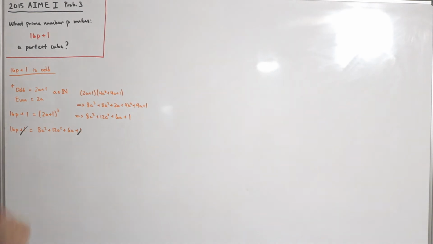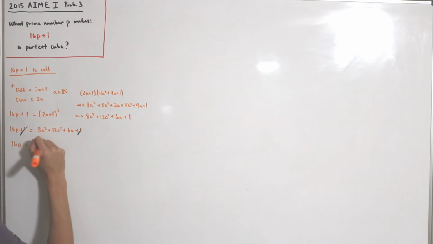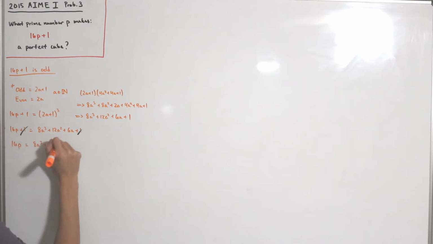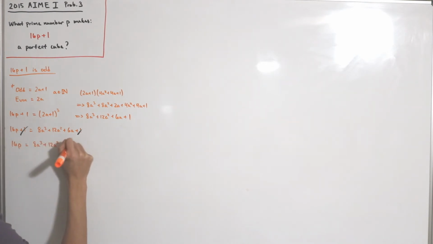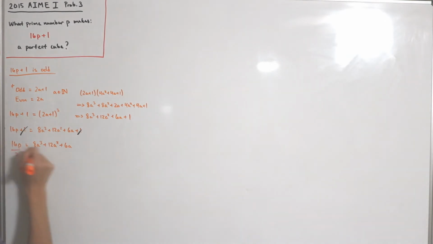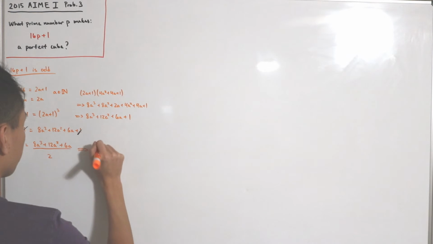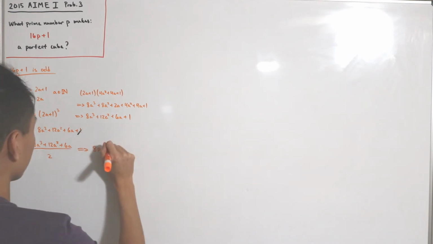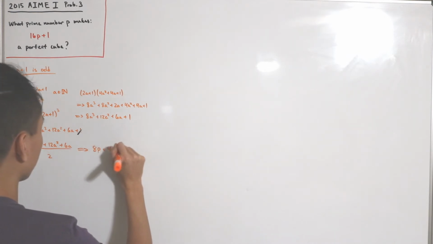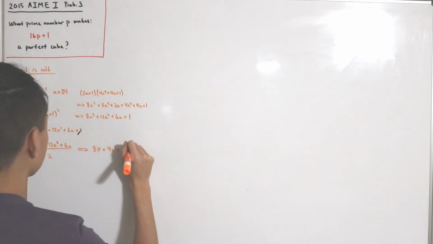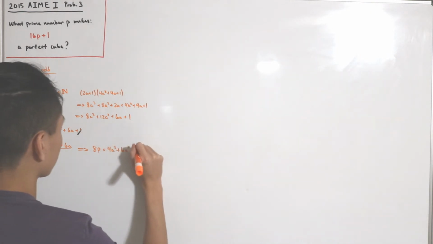And so we're left with 16p equal to 8a cubed plus 12a squared plus 6a. And then I can divide by 2 on both sides, so that we get 8p equal to 4a cubed plus 6a squared, and then plus 3a.